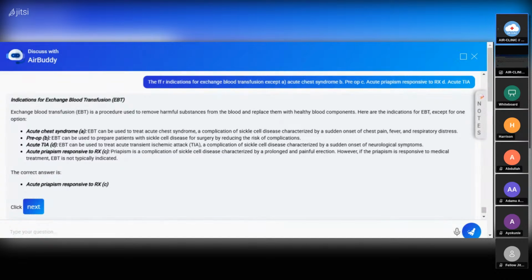A lot of their complications, acute chest syndrome, TIA, priapism, can be managed with exchange blood transfusion. It helps in so many of those complications. Priapism, okay, but if it's already responsive to treatment, you don't need to go as far as doing an exchange blood transfusion. But if it's not responsive to the usual therapies, then you can consider that.